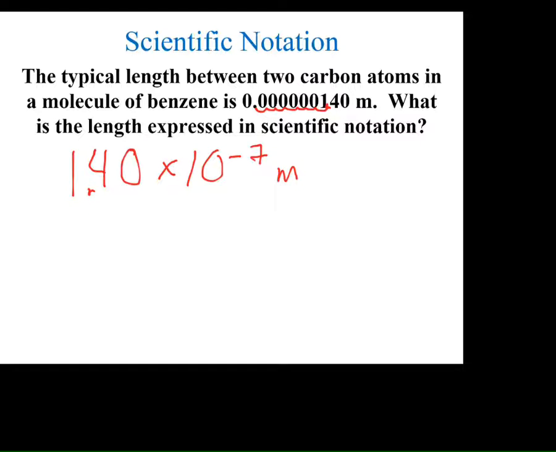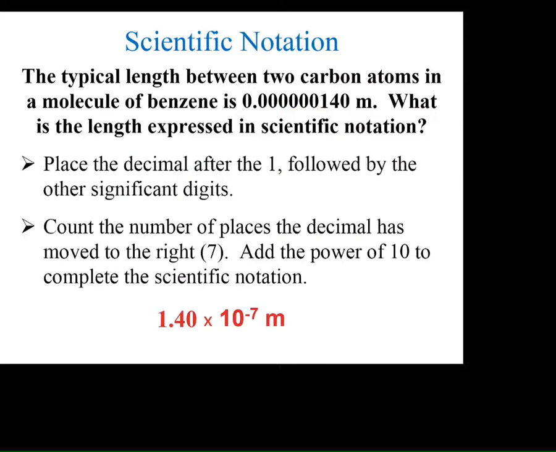In order to make this number really small, I've got to divide by 10 7 times. It's going to be a negative 7. So again, small numbers less than 1 have a negative exponent. Big numbers greater than 1 have a positive exponent. Got that? Okay, let's try some.